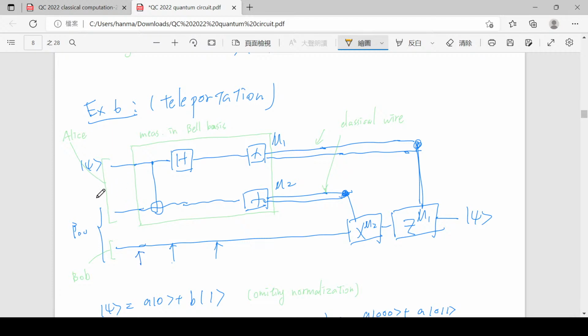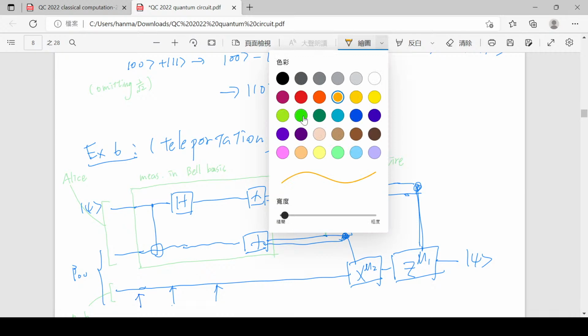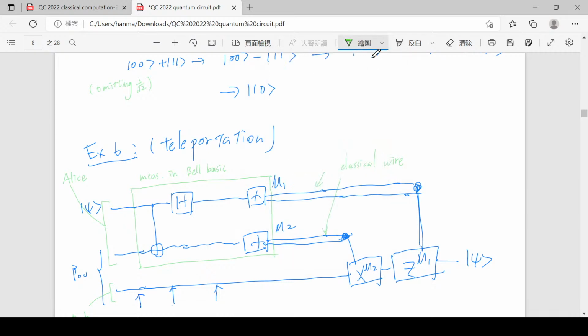as a reminder, what we want to do is, let's also write this here. Alice and Bob, and Alice has some state. She doesn't even know what this state is.